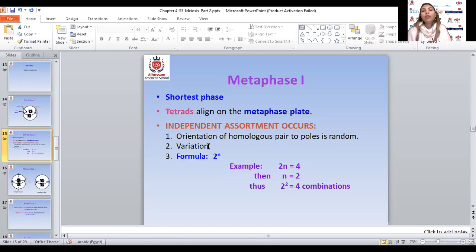Number 2, there is variation. Number 3, we have the formula 2^n, like we watched in the video. We have 2^n, and n maybe 4, maybe 2, and all of these can reach us to 1 million variations.